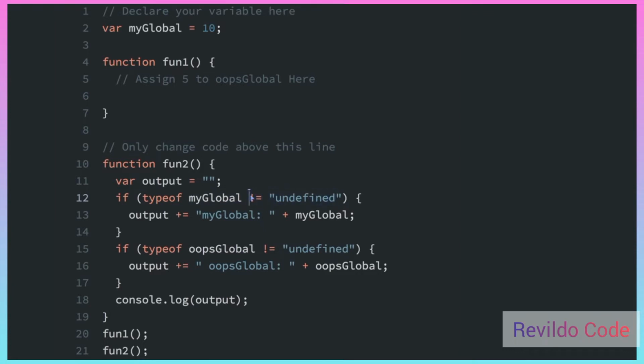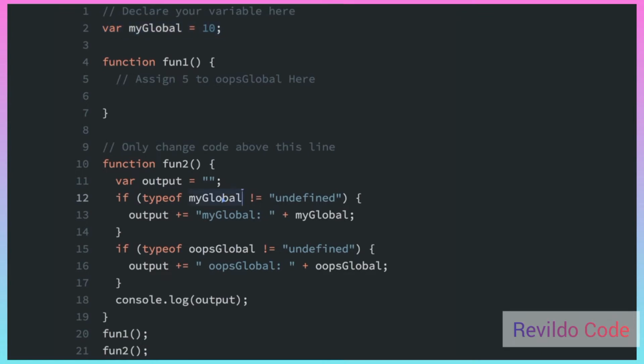So it will not equal undefined if it has been defined and the program knows about the variable. Since this is global scope, it does not equal undefined. It equals 10. The program knows about the variable because this is in global scope.